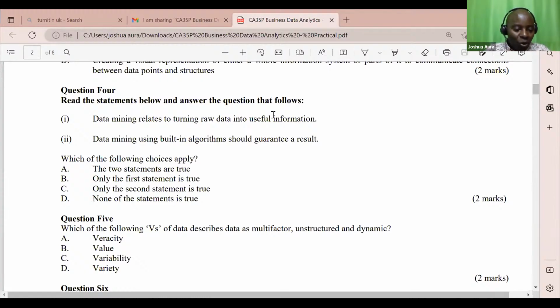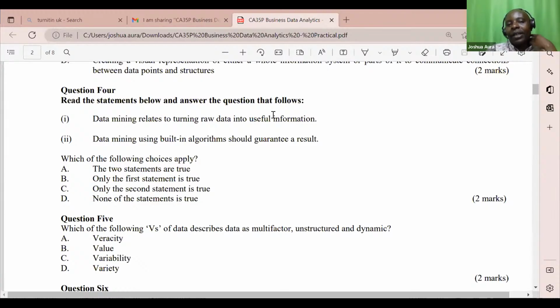You extract raw data and then you work through until you come up with a model, which you shall be able to deploy. So data mining relates to turning raw data into useful information. So 1 is correct first. So anyone that says 1 is false is wrong. If it says only the first statement is true, it could be among the correct. C, only the second statement is true, that's wrong. D, none of the statements is true, wrong. So now I'm debating between A and B.